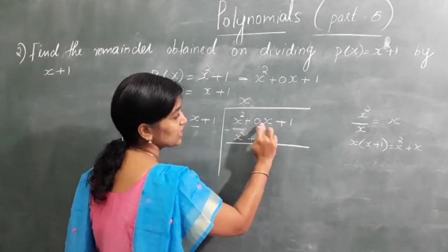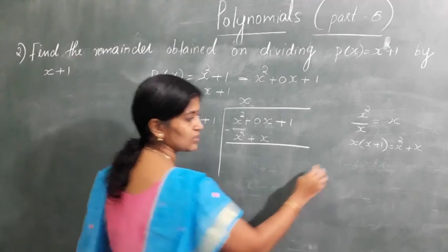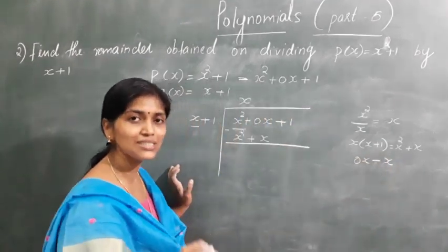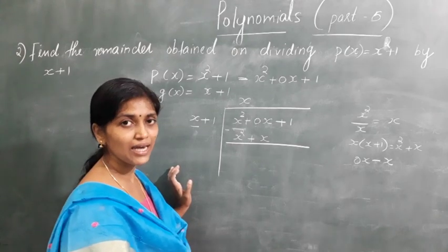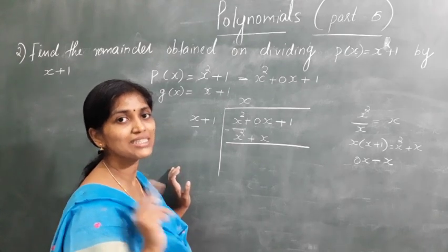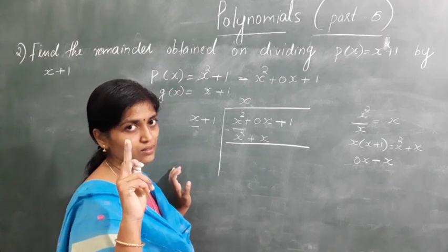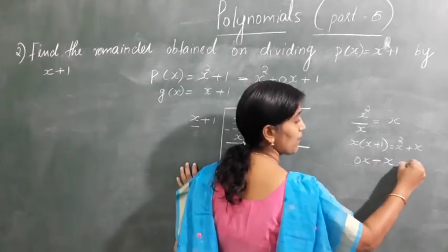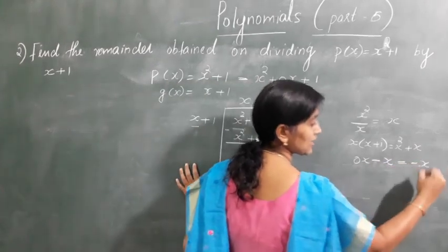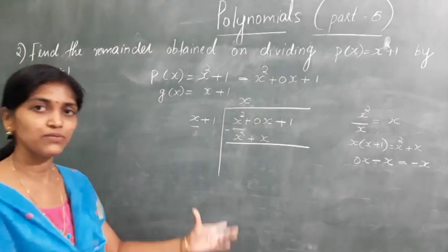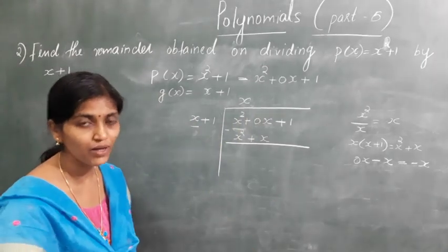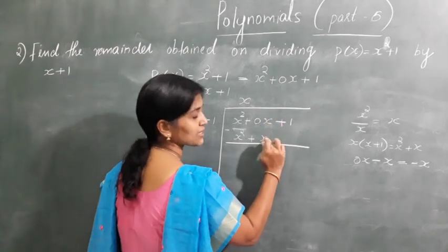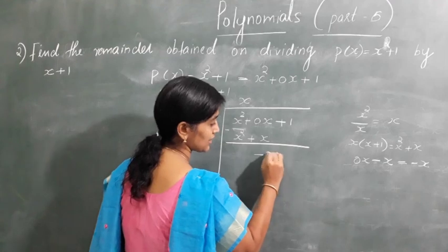Now here comes 0x minus x. 0x means actually just 0, so 0 minus x is equal to minus x. We studied that subtraction from 0 makes no change in the value. So 0x minus x becomes minus x.